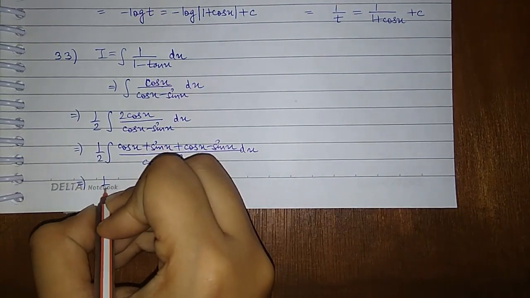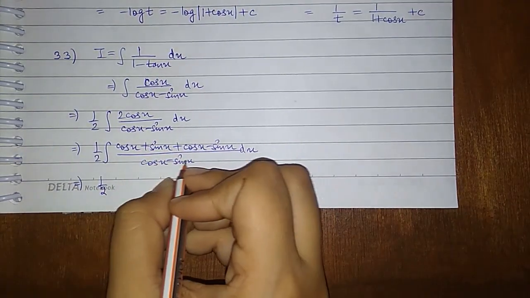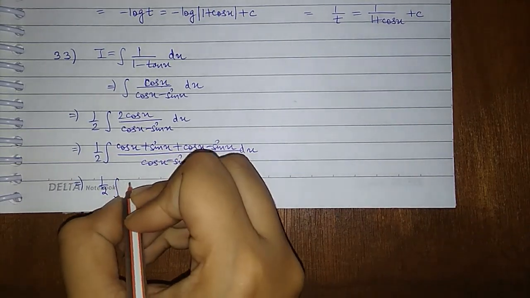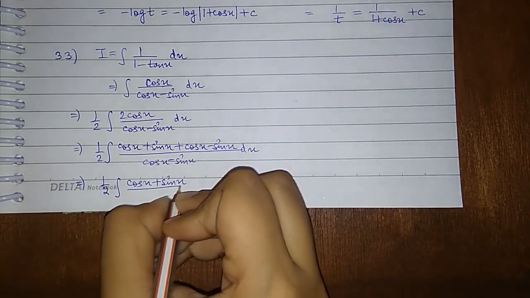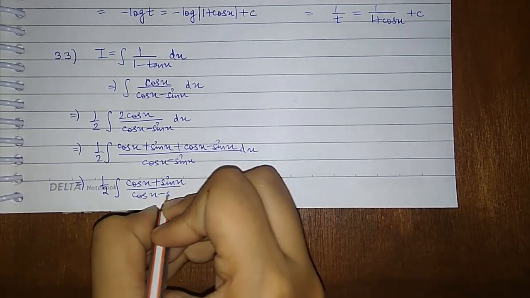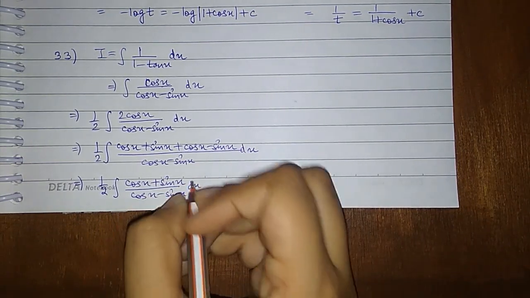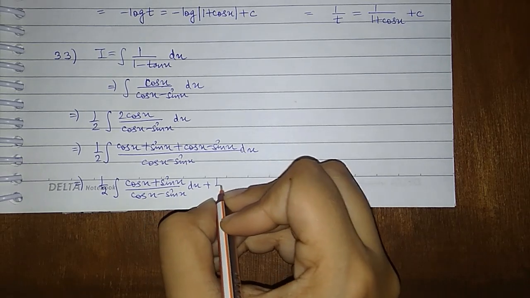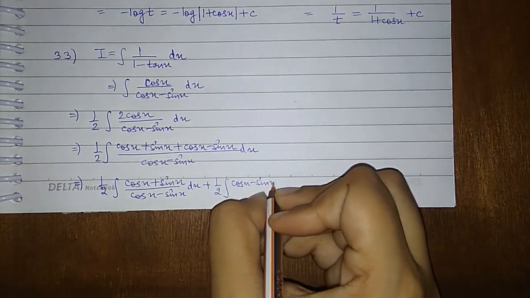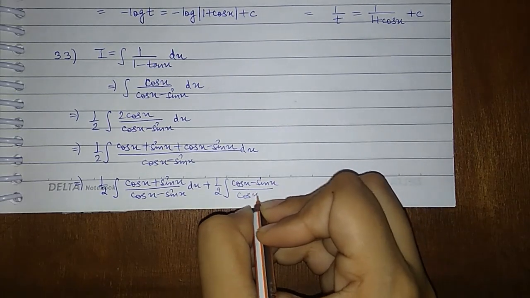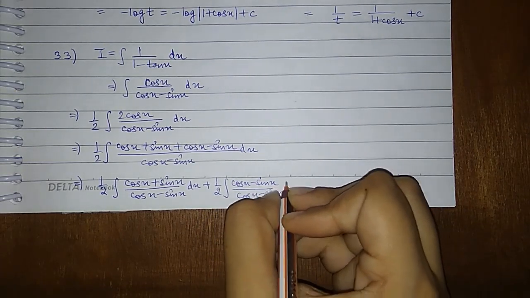Now here half of, we can separate these out. So half of cos x plus sin x upon cos x minus sin x dx plus half of cos x minus sin x upon cos x minus sin x dx.